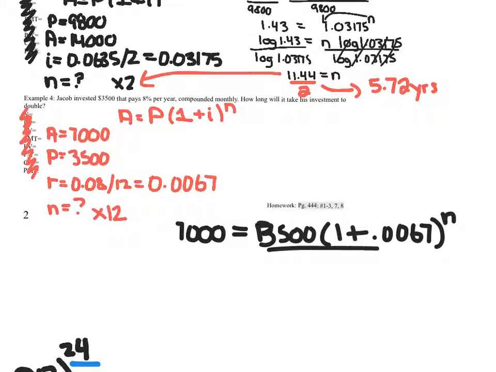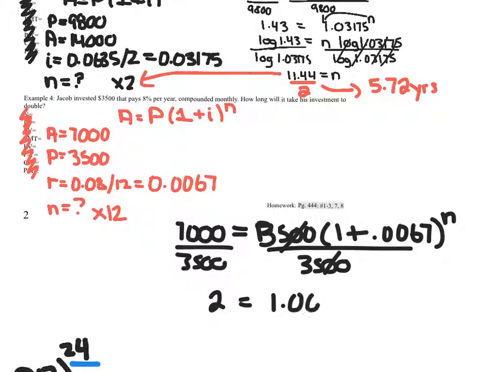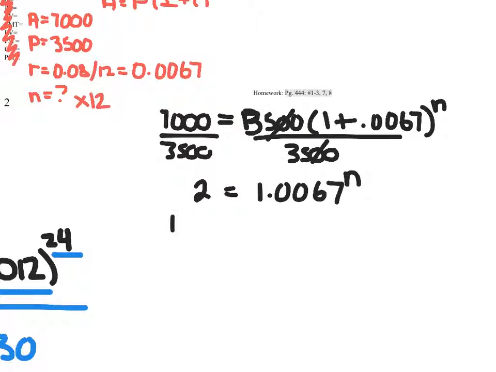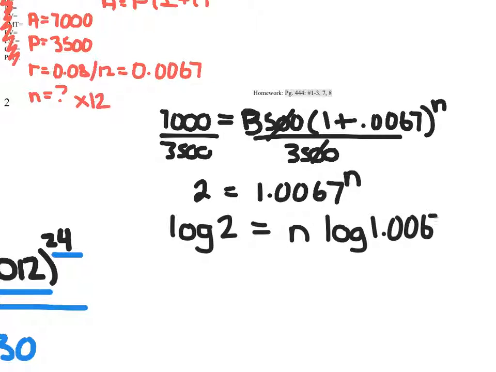Divide $3,500 to the other side, and we get a value of 2 equals 1.0067 to the power of n. Now again, we're solving for an exponent here, so in order to solve for an exponent, we're going to use log. We go log 2, and then log 1.0067, and that forces the exponent of n to come down in front.